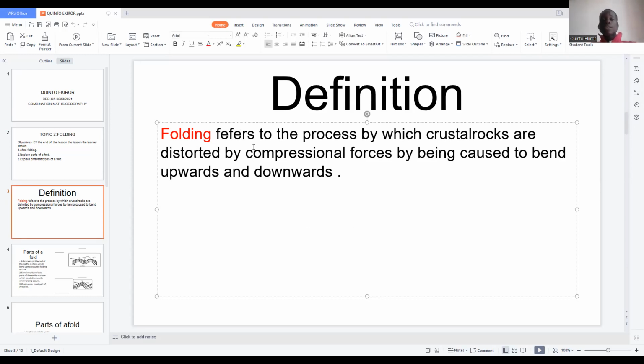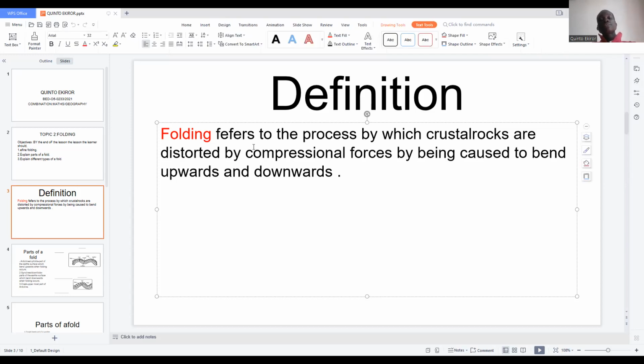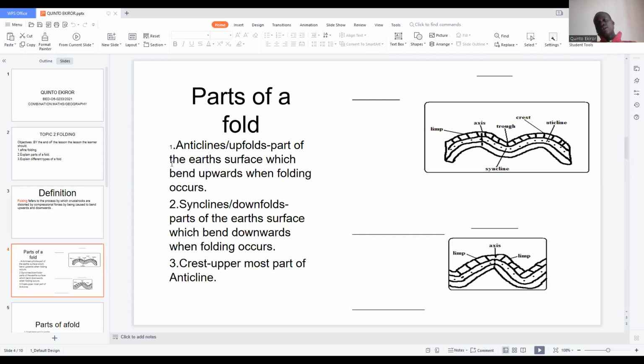I have said folding simply refers to the process by which crustal rocks are distorted by compressional forces by being caused to bend upwards and downwards. Are we together? Understood? Okay. We can proceed to parts of a fold.